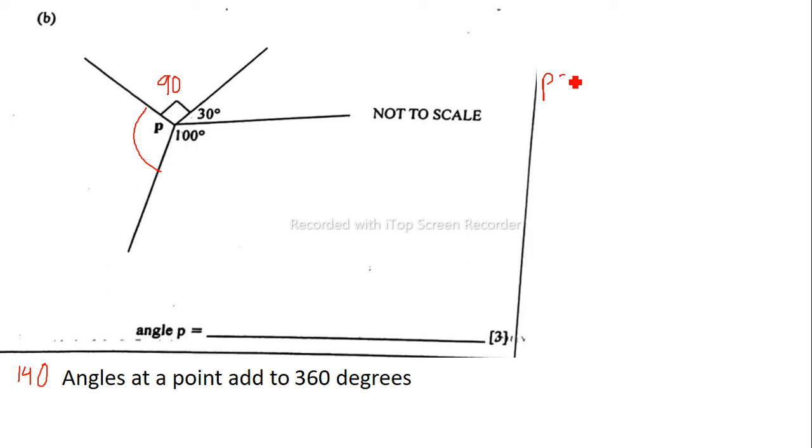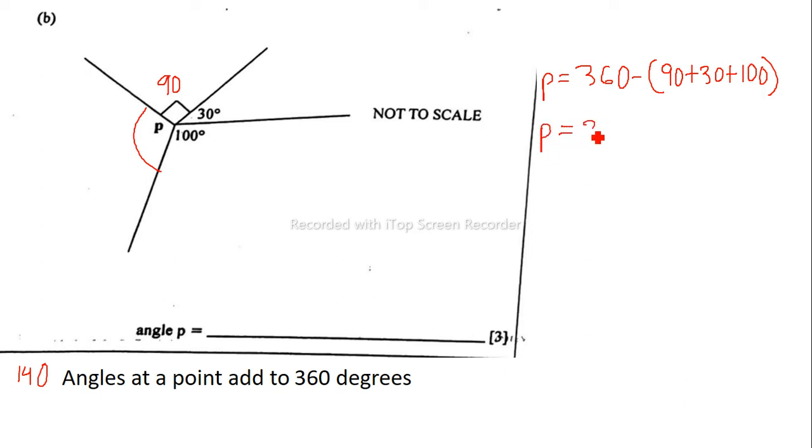So P is going to be equal to, let me see. Yes, I did that, but the only problem is I forgot about the 90. I know. Okay. So 90 plus 30 plus 100. It's always important to check your work over.